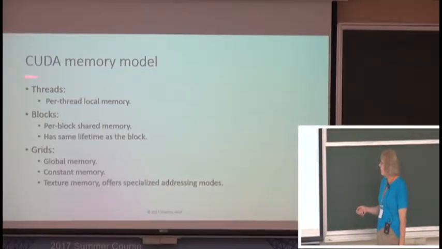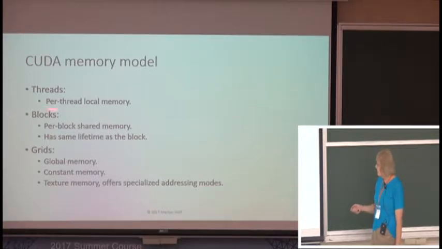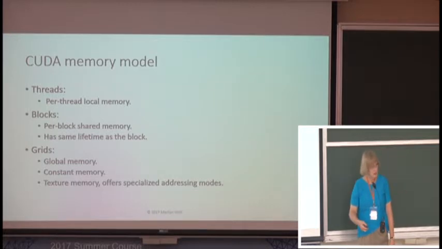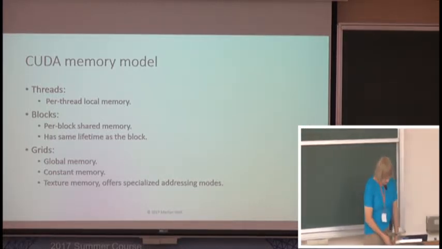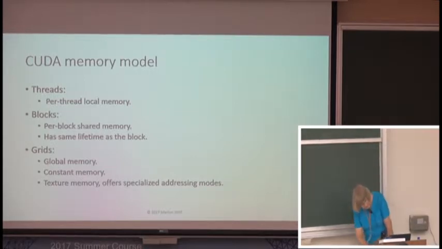Each thread has local memory. Each block has a shared memory that is shared among the threads in that block. The values have the same lifetime as the block. So once the block finishes, you're not guaranteed that the values will be there because they could be used by somebody else.